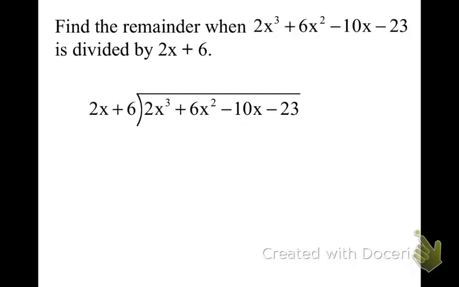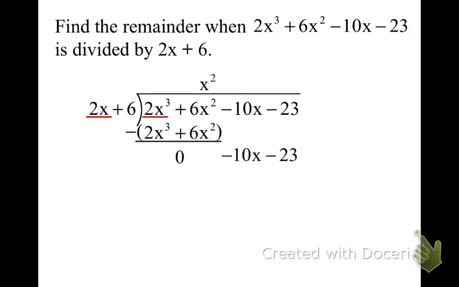Okay, let's check our work. So 2x goes into 2x to the third x squared times. And we should get 2x cubed plus 6x squared with a remainder of 0. So I bring down the 10x.